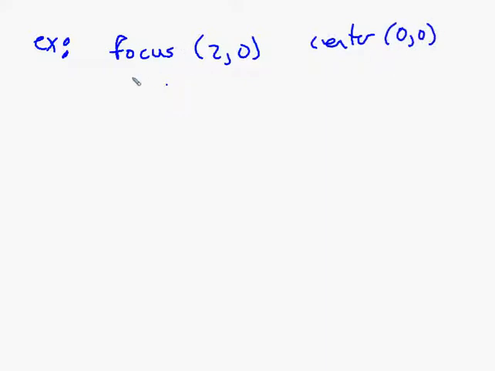Alright, so our next example, I'm going to tell you a focus is 2, 0. My center is 0, 0. And let's say I have an x-intercept of 4, 0.